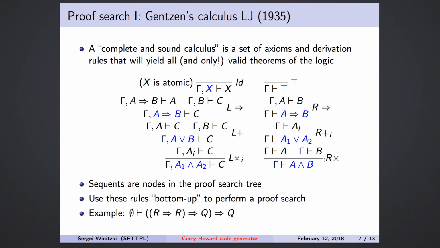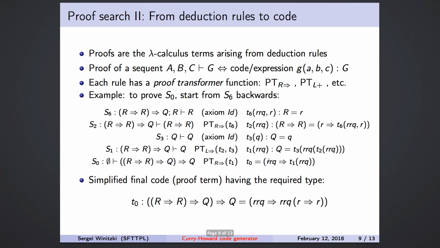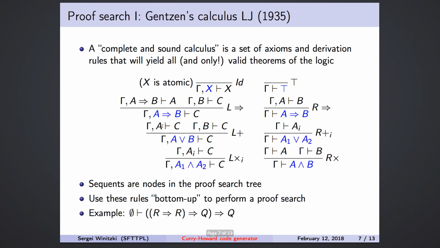each of these rules actually should come up with a way to write terms. And the way that you can visualize it is that each rule has a proof transformer. So the rule says, if you want to prove this, then you need to prove the two things at top. And the rule must come with a function that transforms the two proofs from the top into a new proof for the bottom.